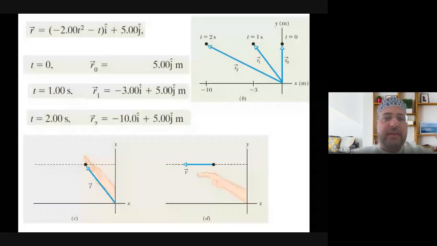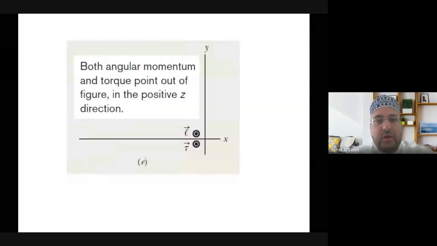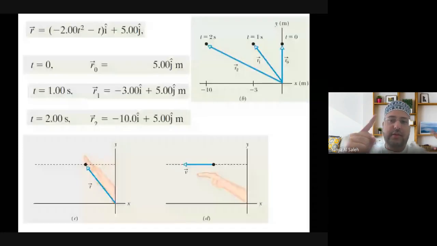Both angular momentum and torque point out of the figure, because r cross v, so we have r going in this direction, so v is here, and my third one is going to be out of the page. Both torque and angular momentum are out of the page.